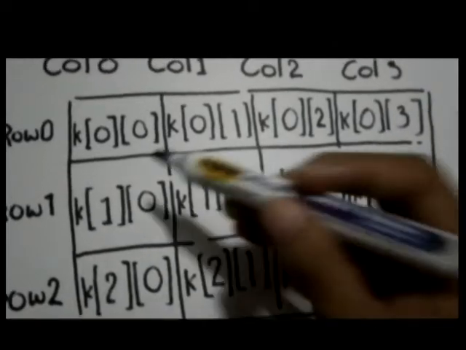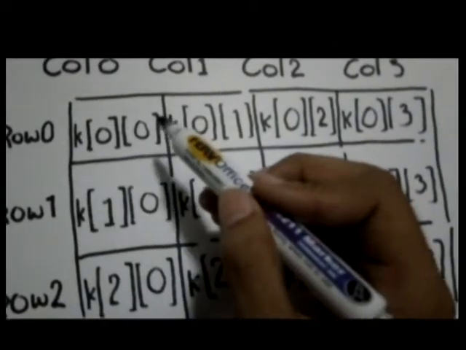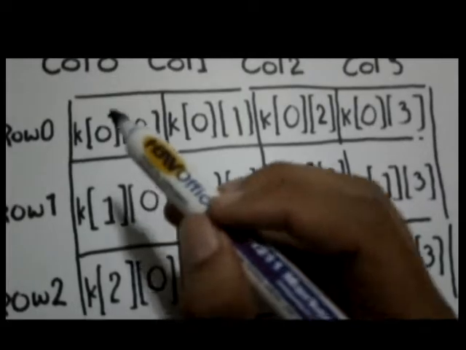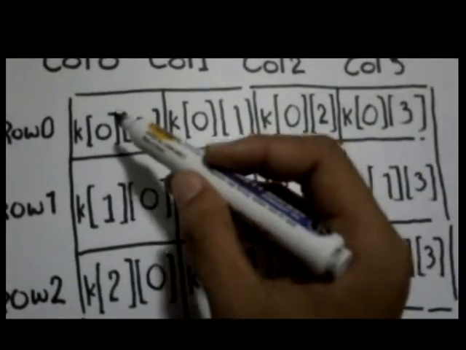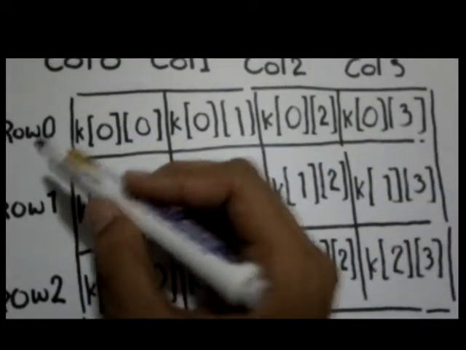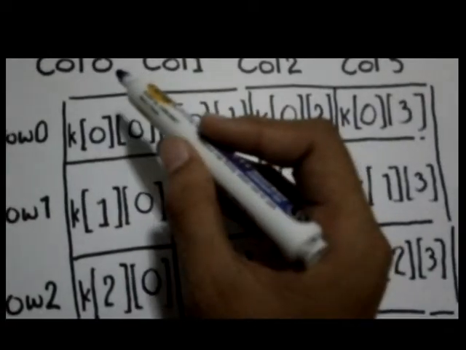As I said, if you want to display the first value, you'll just cout K[0][0] because it is the first value.